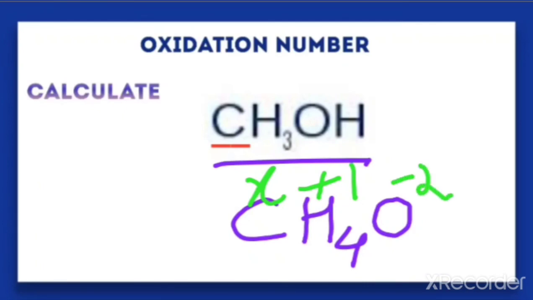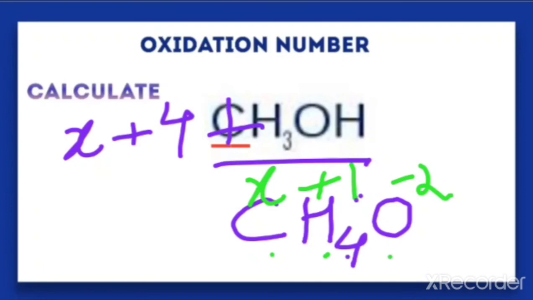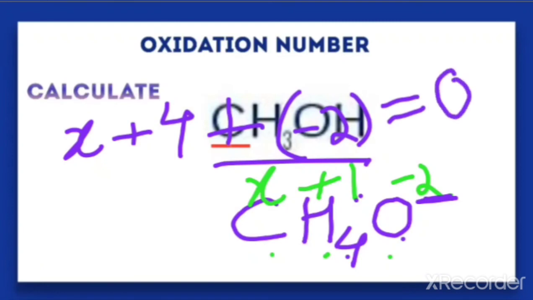Because there are 3 different elements, X, because there is only a single carbon, plus 4 hydrogens with individual charge +1, that is 1 into 4, equal to 4. Next, the charge on oxygen is -2, and only a single oxygen is there, therefore -2. And the overall charge is equal to 0.